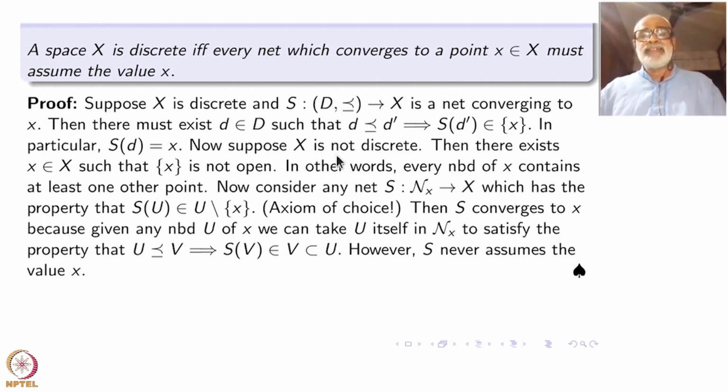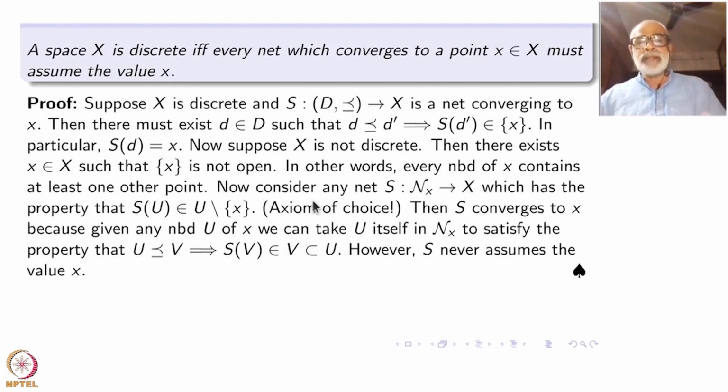Suppose X is not discrete, then there exists a point x such that the singleton {x} is not open, because if the singleton {x} is open for every x, then it is a discrete space. So not discrete means there is at least one point such that {x} is not open. In other words, every neighborhood of x contains at least one other point.